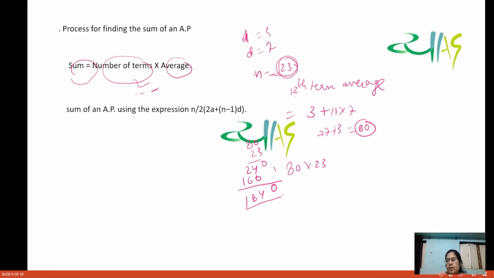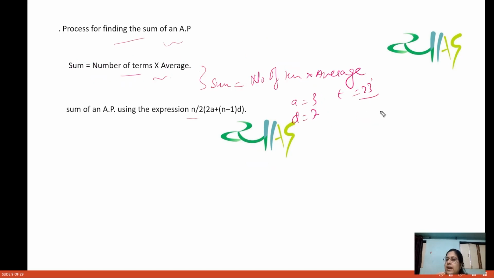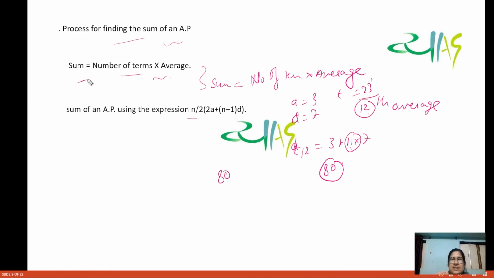You do not have to put in too many formulas. If you are able to remember the formula, do it by that as well. But if you are given the average and asked for the number of terms, then take the twelfth term. So I know this twelfth term is the average. So I will find the twelfth term quickly. T12 is equal to 3 plus 11 into 7, because I know that whenever I have to find the twelfth term I multiply by 11, so n-1. So I got the twelfth term as 80. So the sum is this average into 23, which is the number of terms.